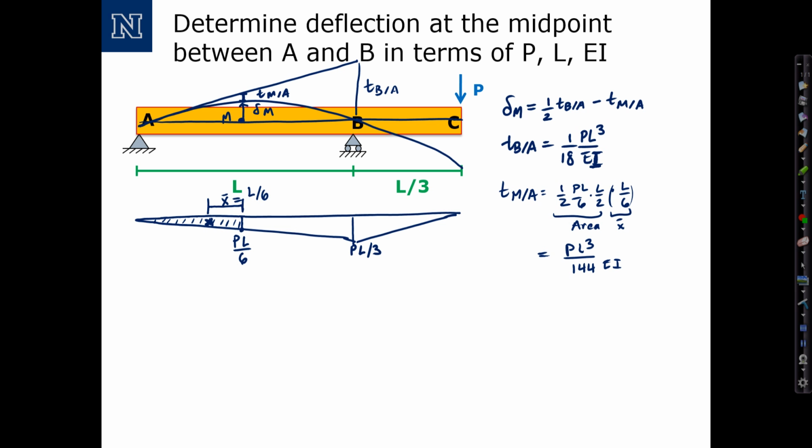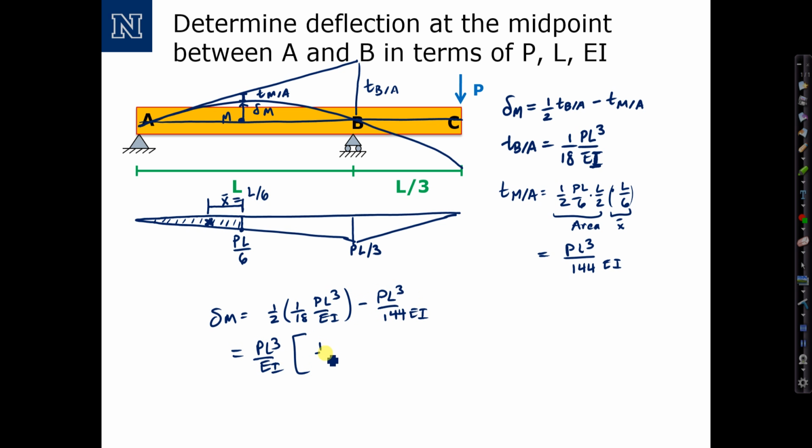So now I can put it all together. Delta M equals 1/2 of T at B with respect to A. That's 1/18 PL cubed over EI. And then I have minus T at M with respect to A, PL cubed over 144 EI. Let's pull out the PL cubed over EI.